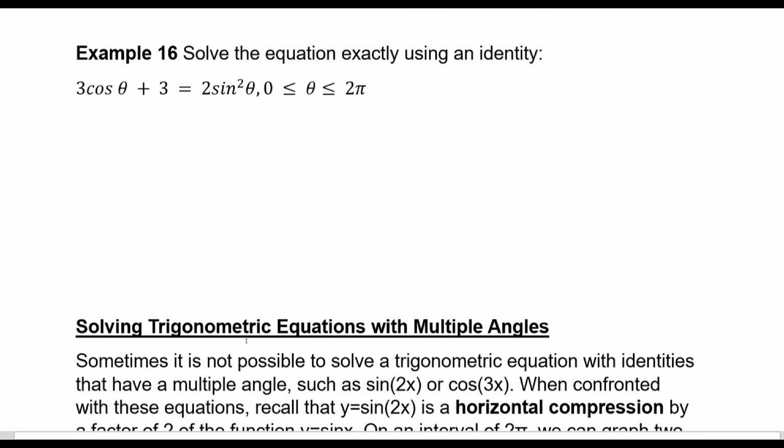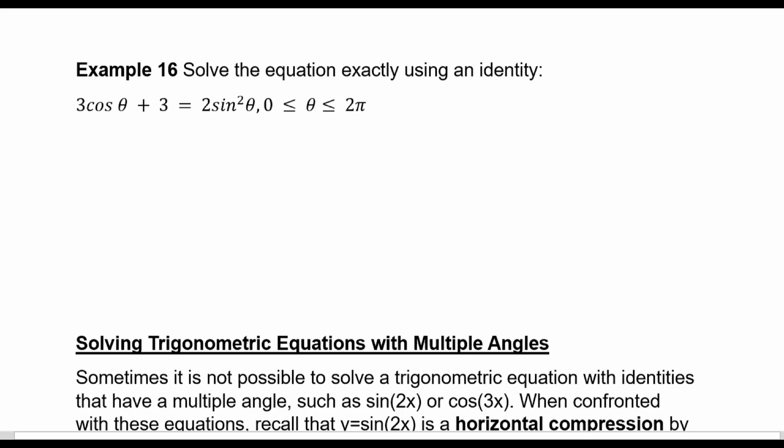And let's go to the third example from this part. Solve the equation exactly using an identity. So we have 3 cosine theta plus 3 equals 2 sine squared theta. Well, we know that sine squared theta plus cosine squared theta is 1.